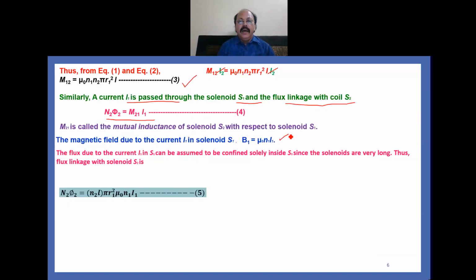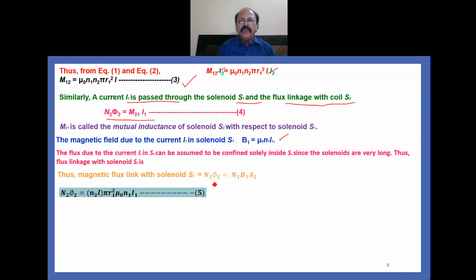Right? Now, the important thing is over here. The flux due to current I1 in S1 can be assumed to be confined solely inside S1, because S1 is kept inside the solenoid S2.